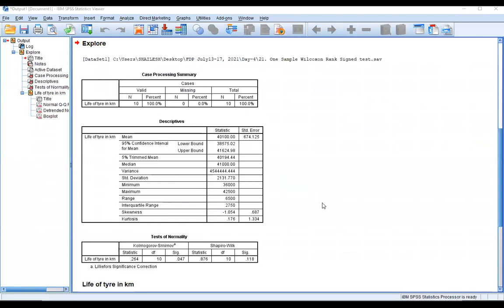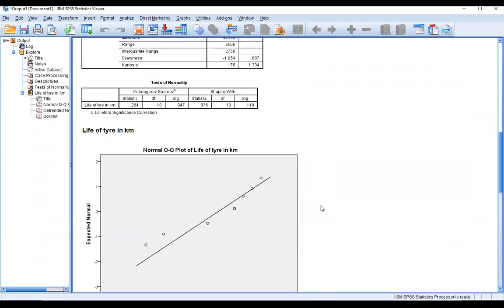So you can see the output here. The output is the p-value of the normality test. What is the p-value of the test here? The p-value is 0.047.